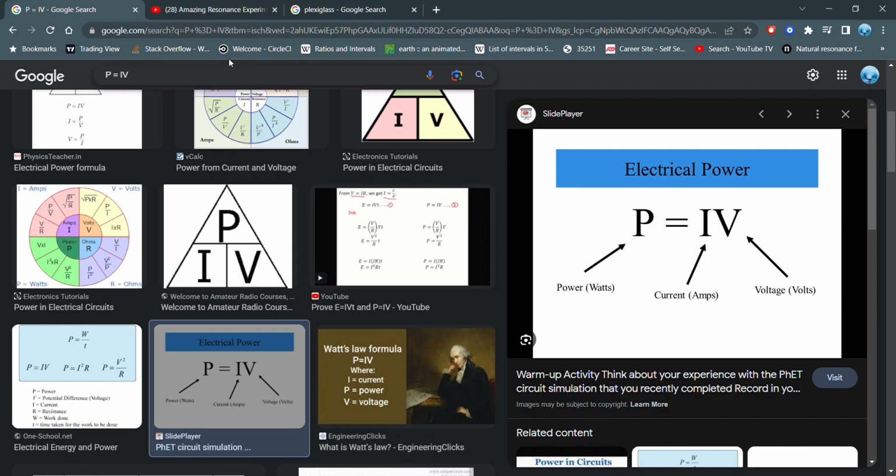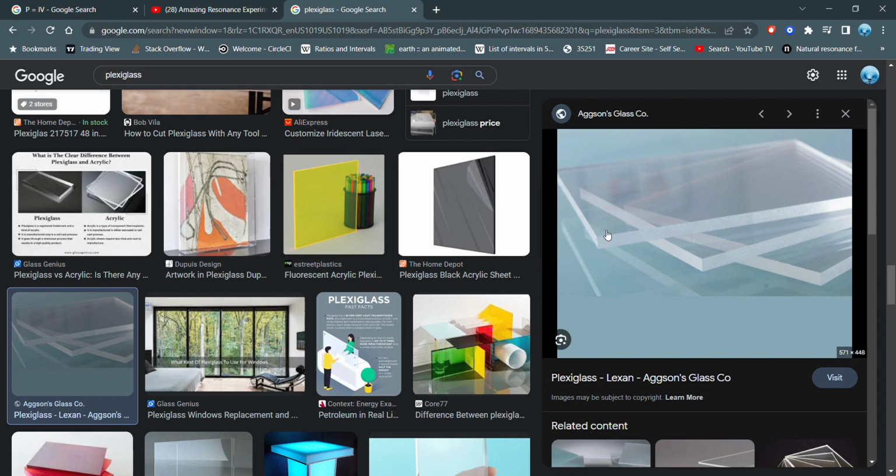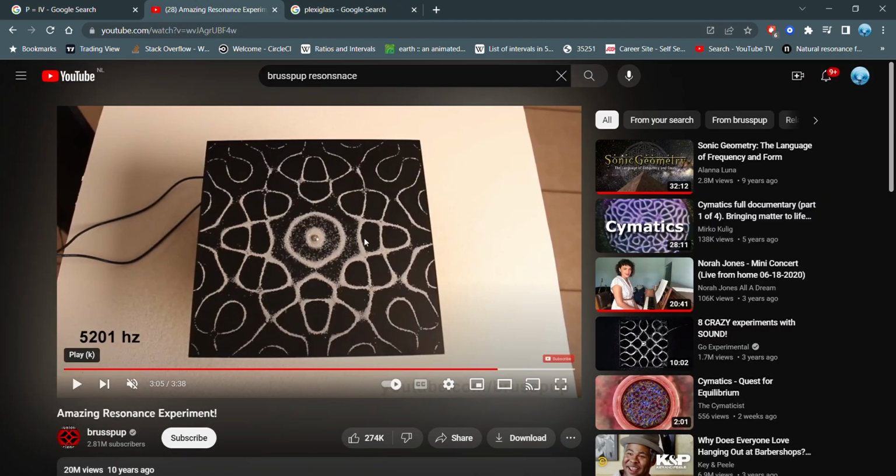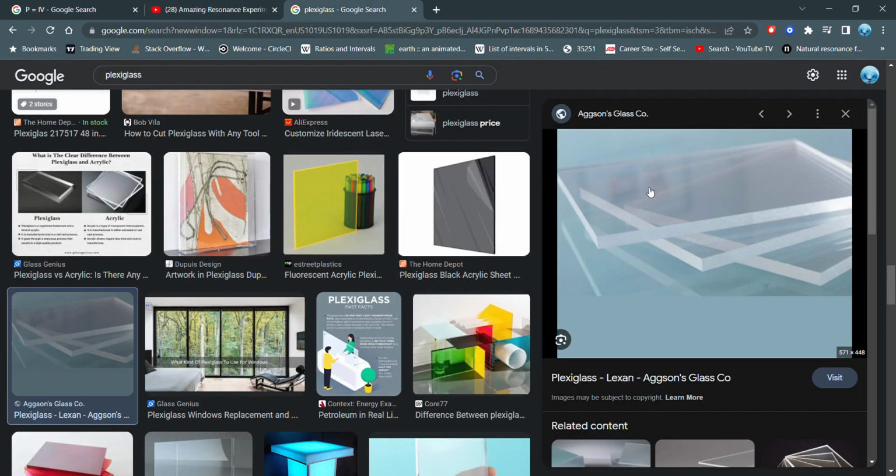So my idea is to take an insulator, such as plexiglass, and charge it up to high voltage, let's say 100,000 volts per square meter. That would be the first system. The first system is a high voltage system that is connected to this plexiglass, so the voltage is stationary, it's static voltage.